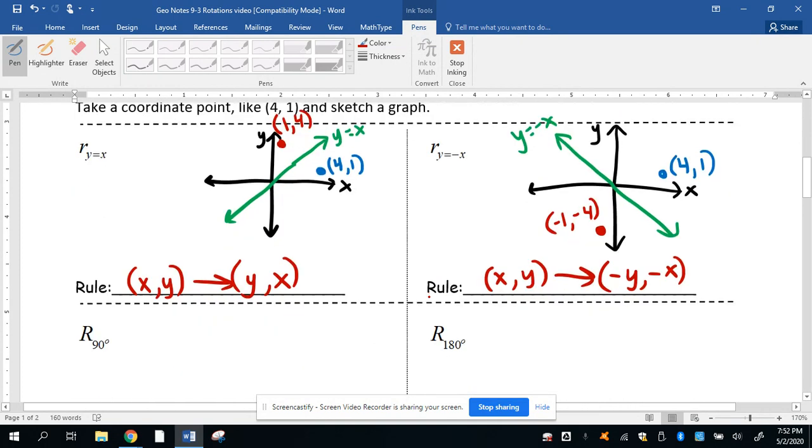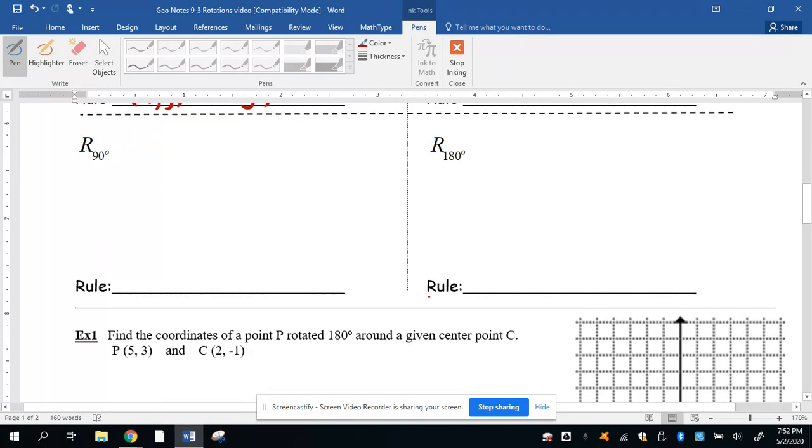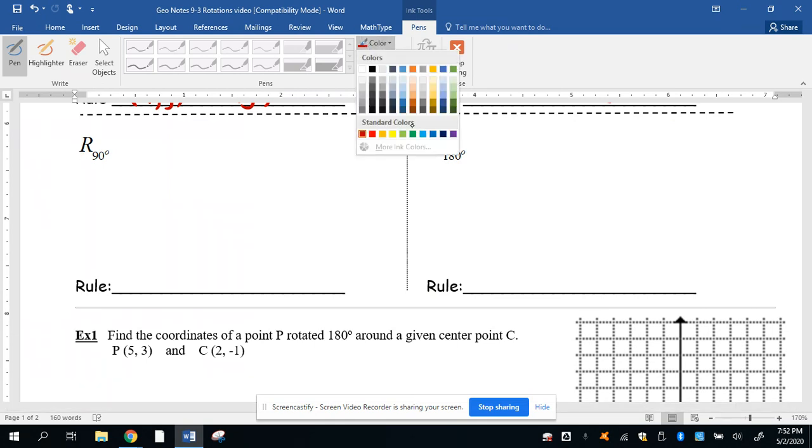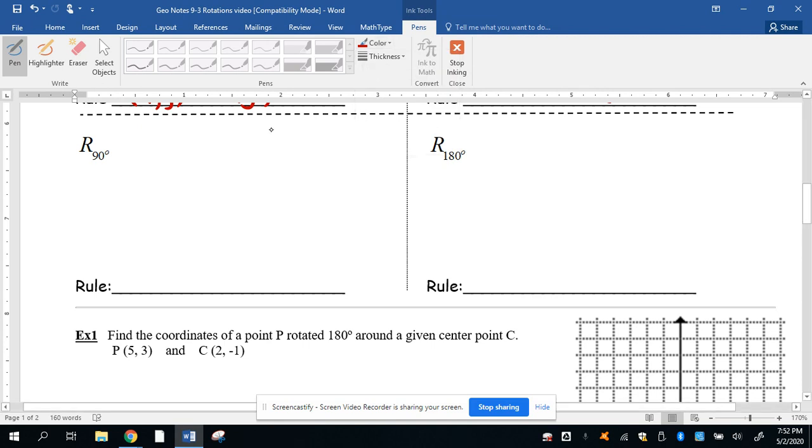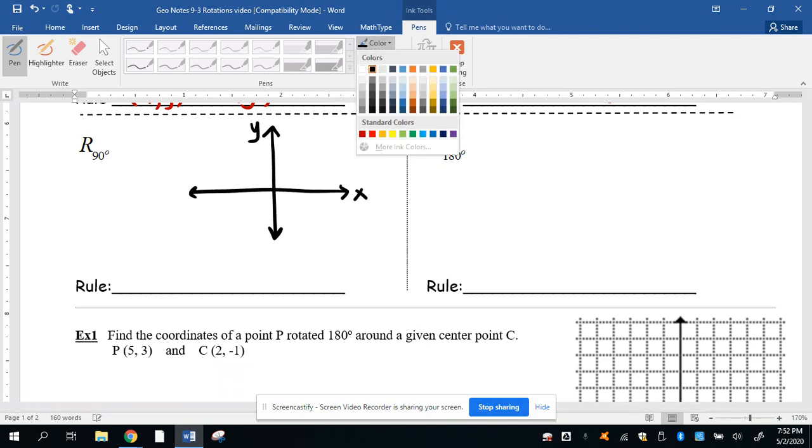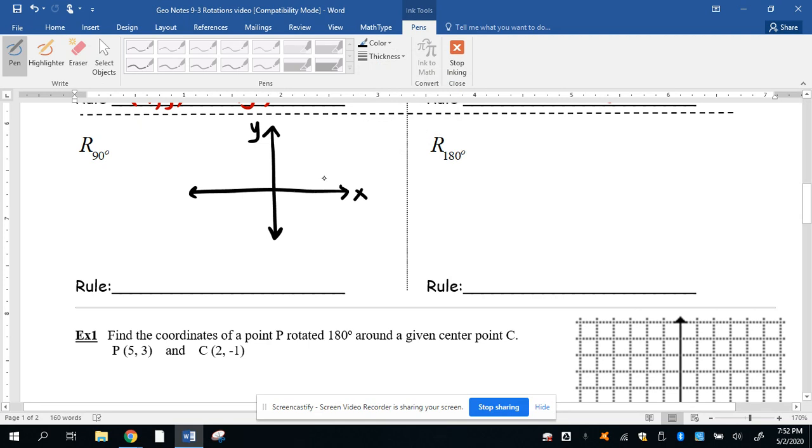Reflections are lowercase r. Now today is a new transformation called a rotation. The symbol for it is a capital R, and we're going to do the same idea. I don't want you to memorize anything. I just want you to understand concepts. So let's start with the point over a lot, up a little, like the point 4, 1.